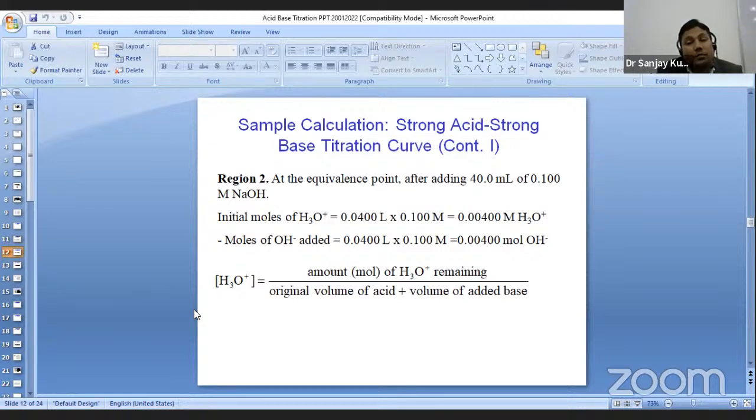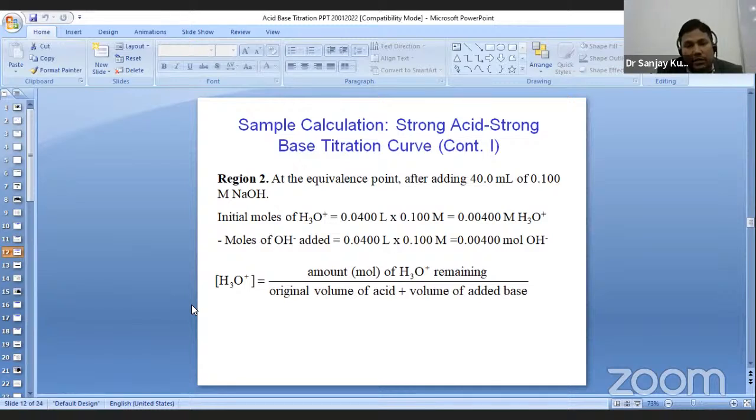Then we go for the next one, like suppose the second query, the equivalence point after adding 40 ml of 0.1 molar NaOH. First we add 20 ml, that is 50% of the 40 ml, so it will reach approximately half of the equivalence point, and ultimately when 40 ml is added, it will be completely neutralized. Again the formula is that hydronium ion is equal to the amount of hydronium ion remaining divided by the original volume of acid and volume of added base.